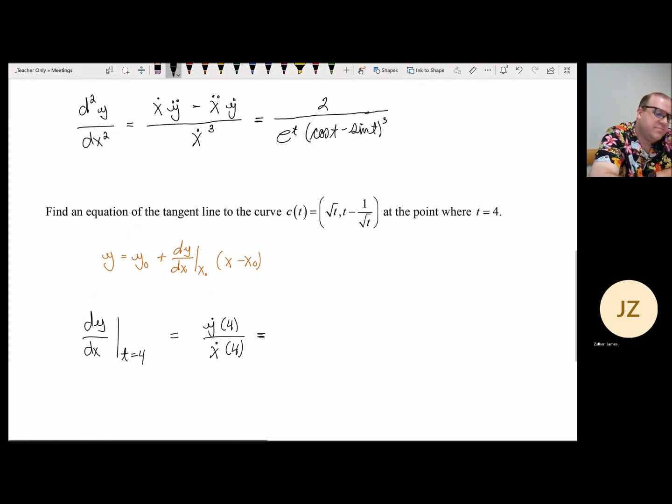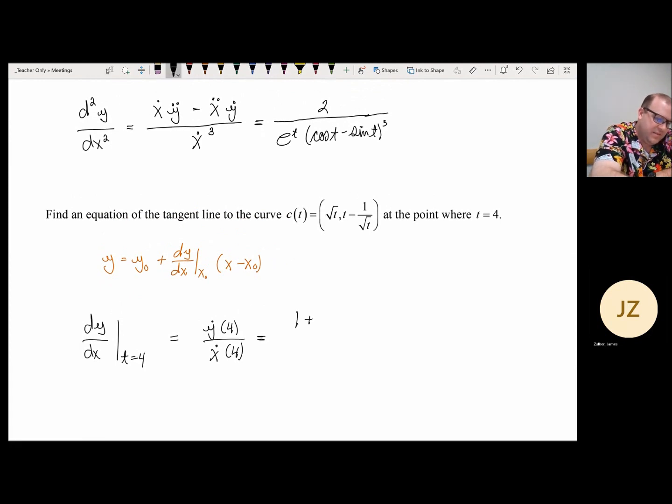Two t's. For sanity, I'm going to write it with a negative exponent because it's a complex fraction.